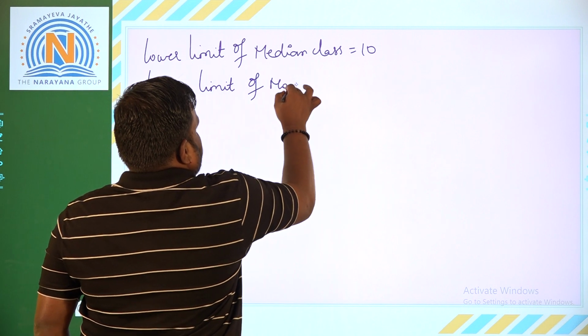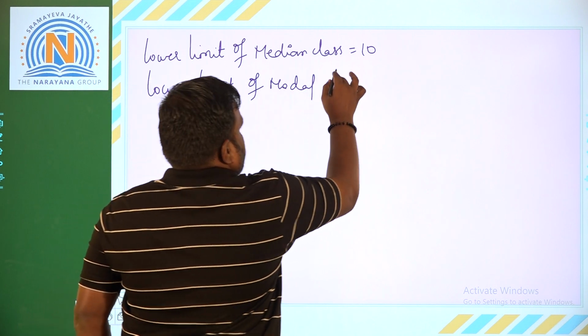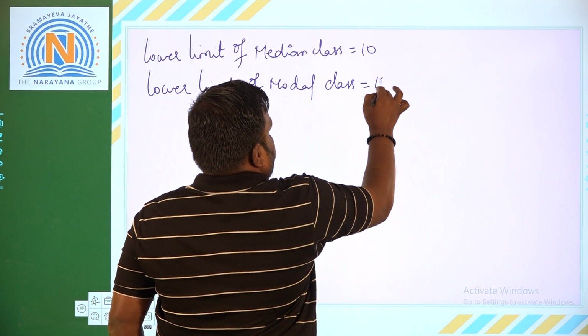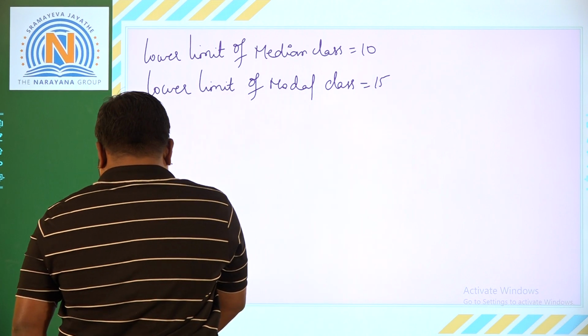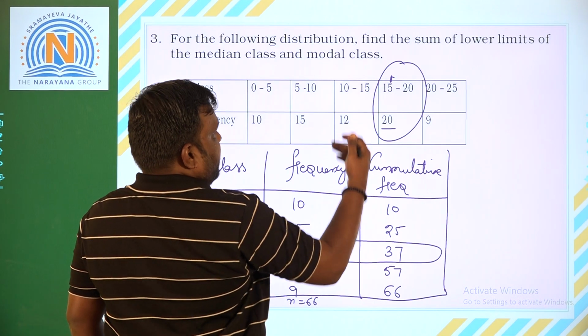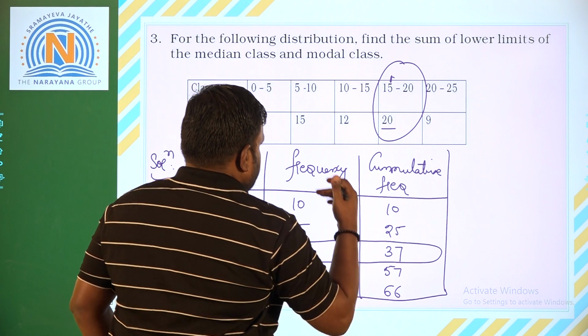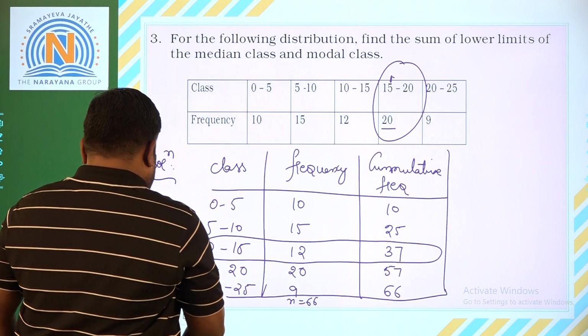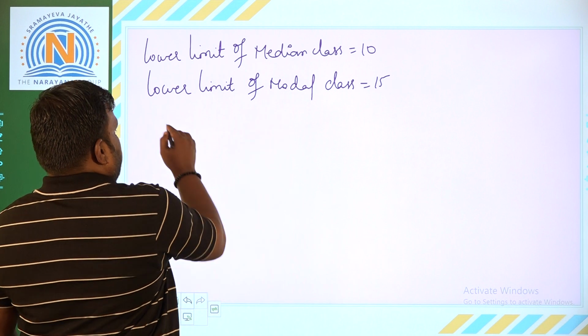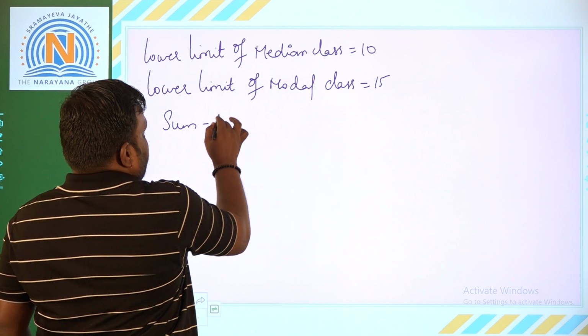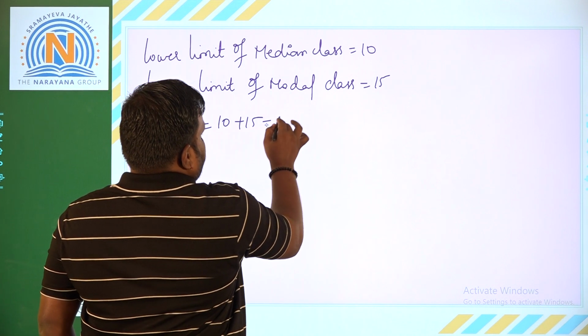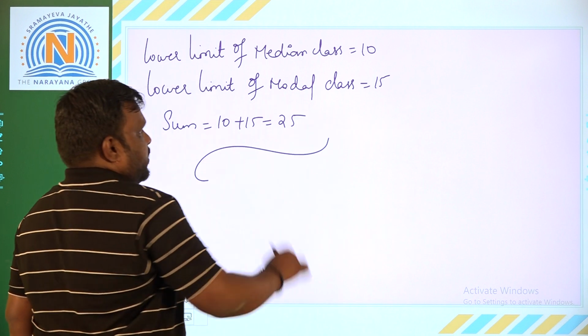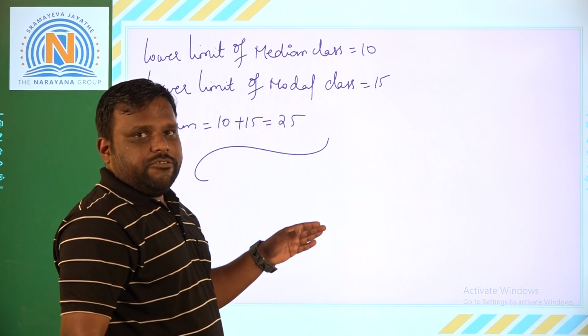So we got the lower limits of the median class as well as the modal class. Now we are going to find the sum. The sum will be 10 plus 15, that is equal to 25. So this is one of the important questions here. Thank you.